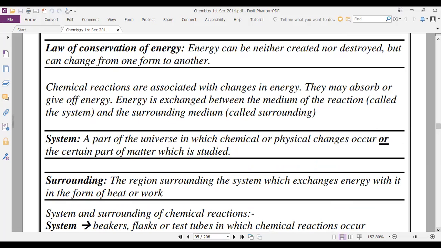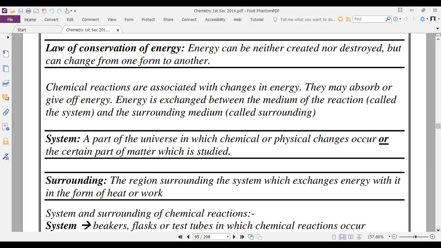Energy is exchanged between the medium of the reaction, called system, and the surrounding medium, called surrounding. Energy can be exchanged between the medium of reaction and surrounding.